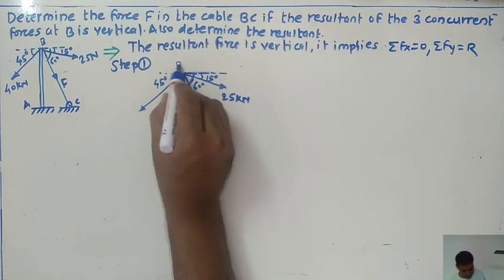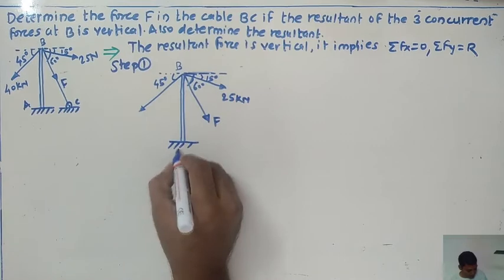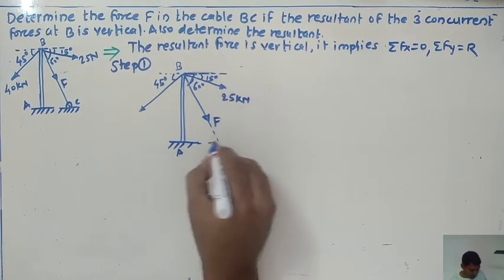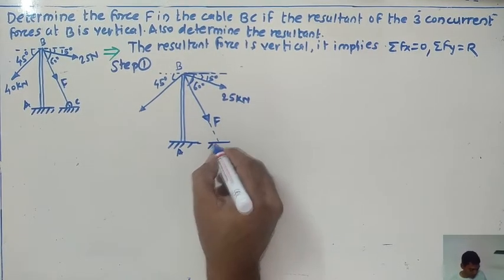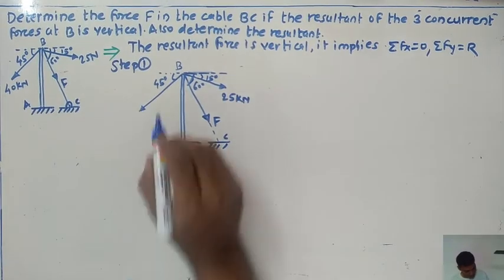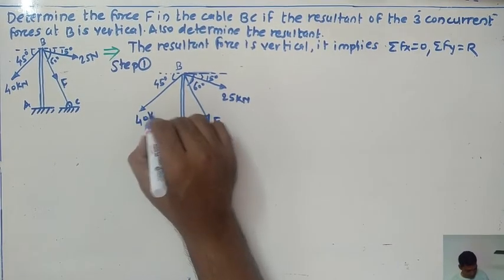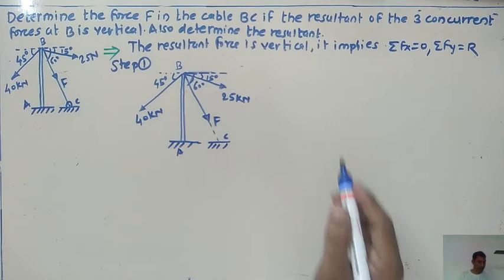B point is here, A point is shown here, and this point is C. Here we have 40 kilonewton.